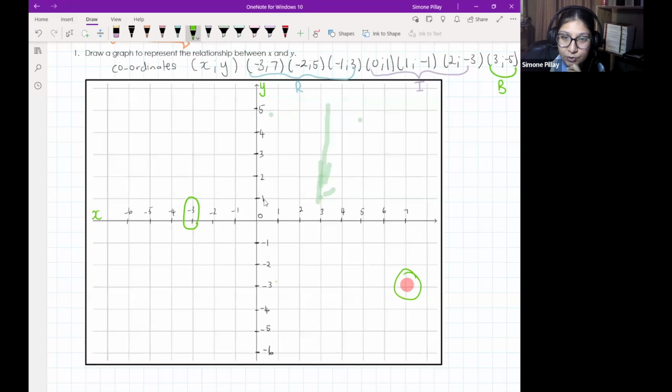You've gone to -3 on our y-axis. So let's reroute ourselves. Let's go to -3 on our x-axis, which is here. So that's this line here. Do you see, Rory-san? Yes, ma'am. Okay, so we're on -3. Now that we're on -3, we have to go to +7.